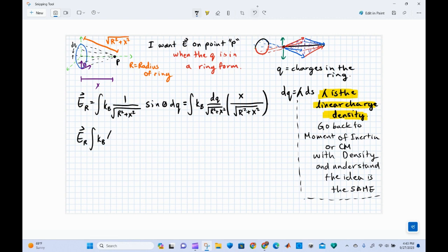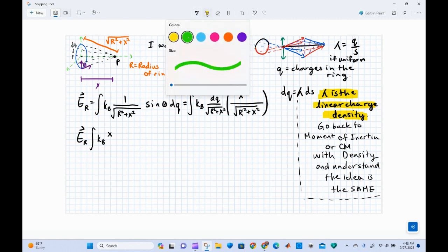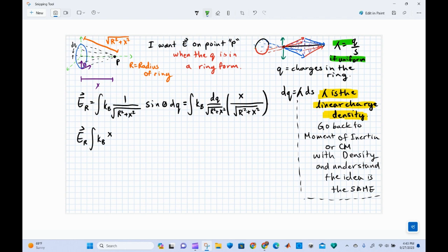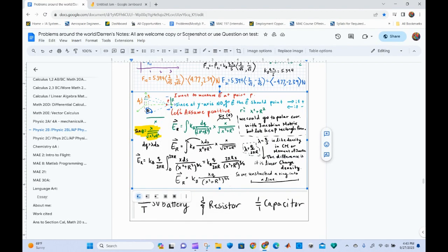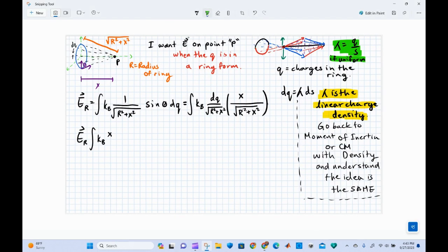Okay, so x linear. Does the linear charge density change? Oh, so charge density also means it is q divided by s, if uniform. So it's the same thing as uniform density. I think q divided by s. Yes. You'll find out what s means later.